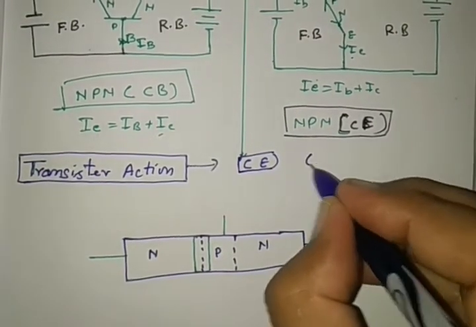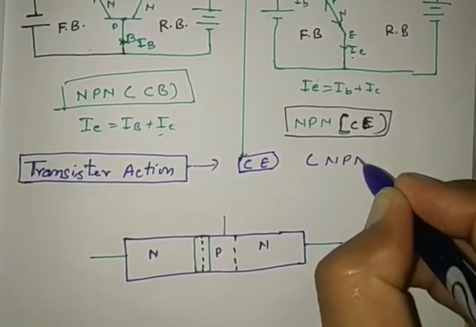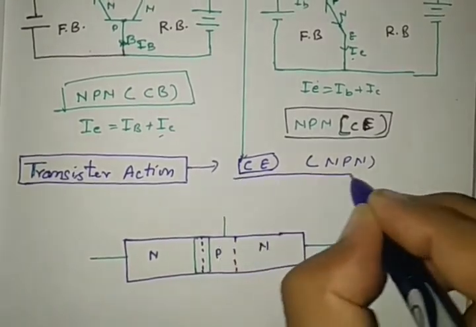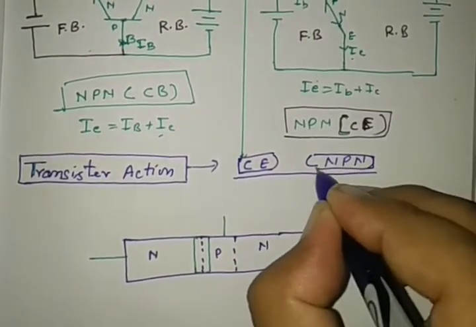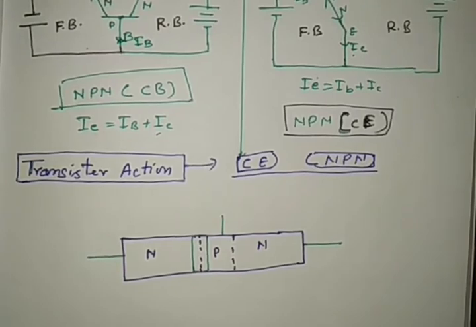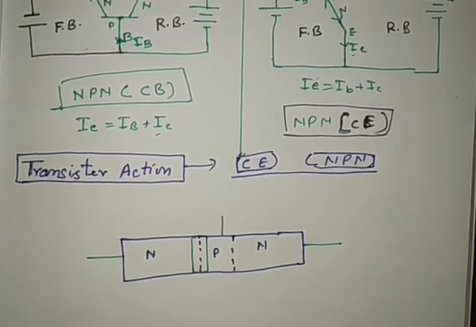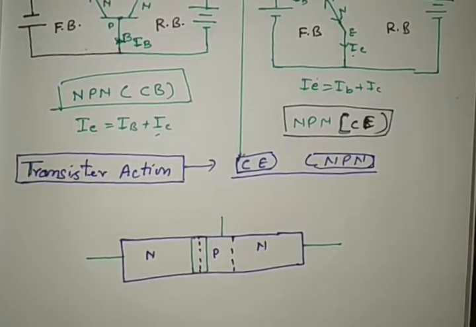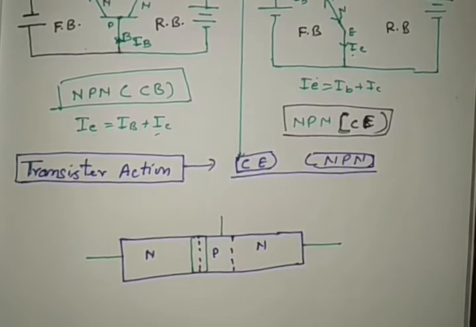Which type of transistor are we using? NPN, common emitter. See these two here in the circuit. If you are able to understand this, you can understand the mechanism of any type of transistor in any configuration. So see very carefully.